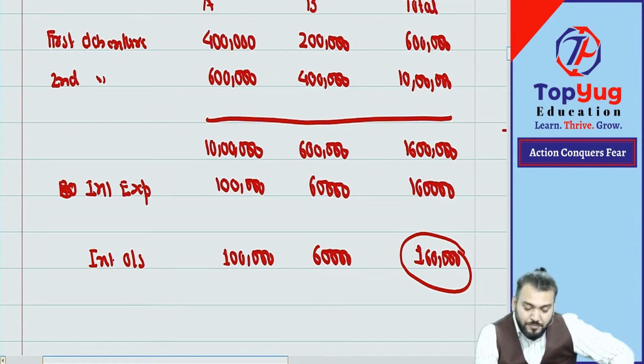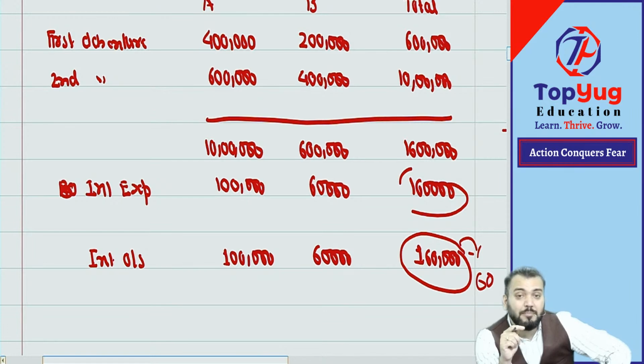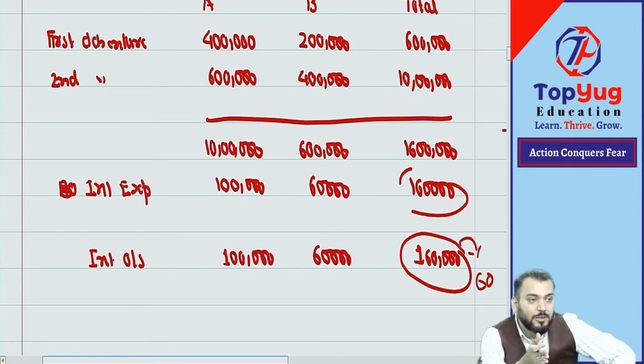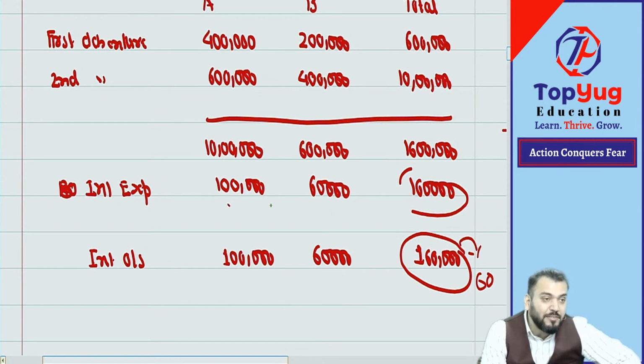But it might happen in your examination question the total interest was 1 lakh 60 but outstanding can be only 60. Means it might happen in the balance sheet only 60,000 is coming. So it does not mean that 60,000 pertain to B. Meaning that 60,000 will be allocated to A and B in this ratio, 10 is to 6. Are you able to understand?